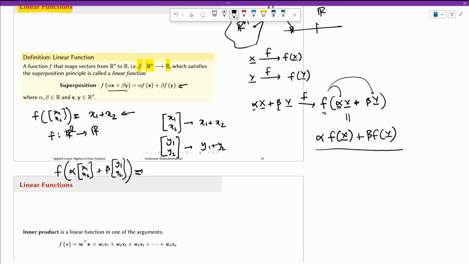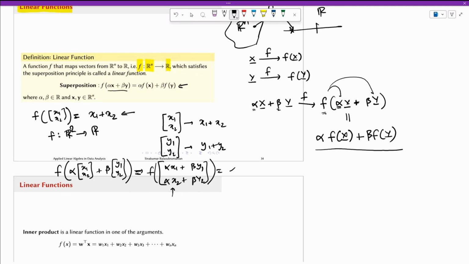then this will be equal to, well, I can simplify this. So this will be f of alpha x1 plus beta y1 plus alpha x2 plus beta y2. But if you input a vector like this, we know what the output will be. The output will simply be the sum of these elements.